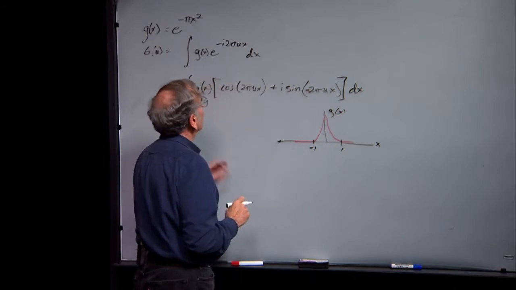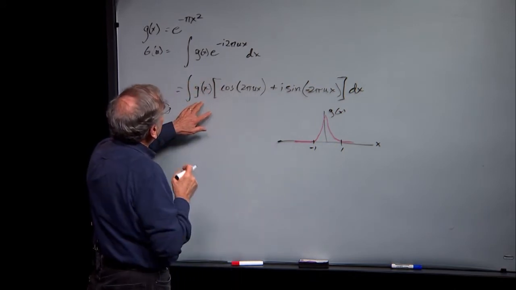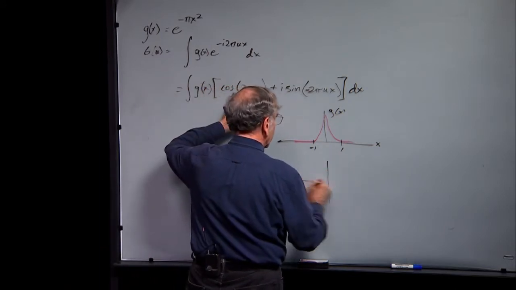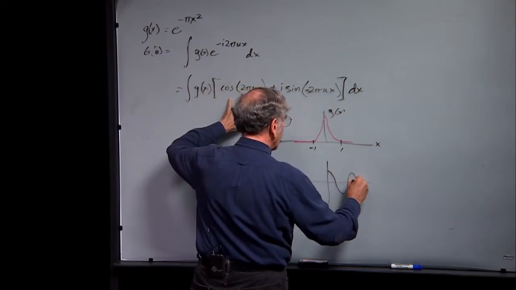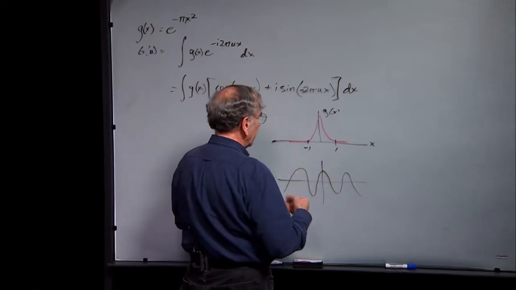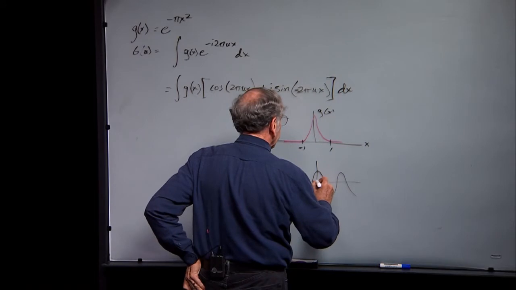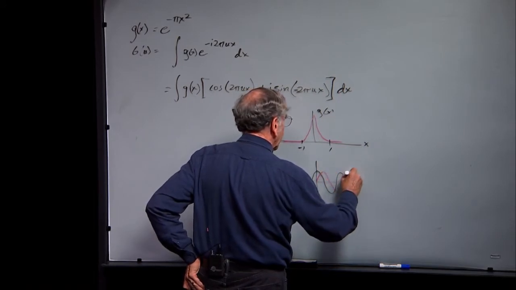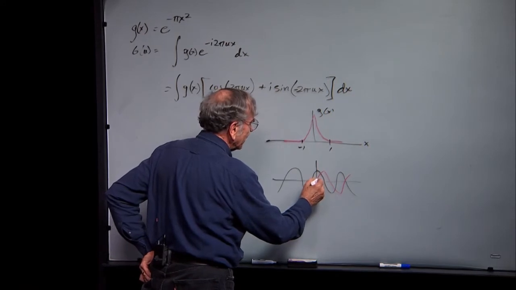And what I want to do is multiply it by either a cosine function or a sine function. So for example, here's a cosine function. And here's a sine function. Trying to get those in correct phase.